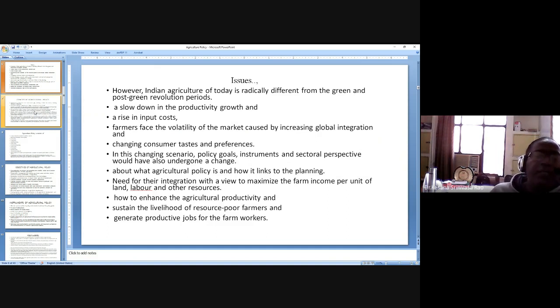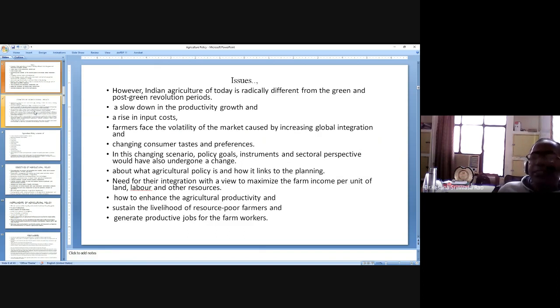After that, the post-green revolution period also has a lot of changes: a slowdown in productivity growth and a rise in input costs. Farmers face the volatility of market costs caused by increasing global integration, especially after the 90s. These types of problems are also being faced by the Indian agriculture sector.